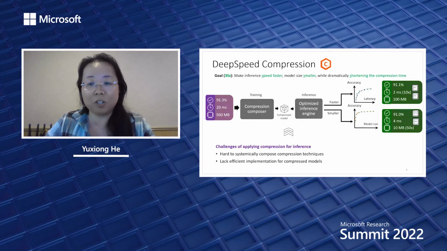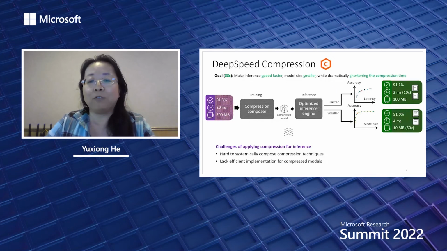To help address these challenges, we started the DeepSpeed Compression library. The goal of the library is to help our users compress DL models to deliver much smaller size and faster inference speed, while drastically shortening the compression time.